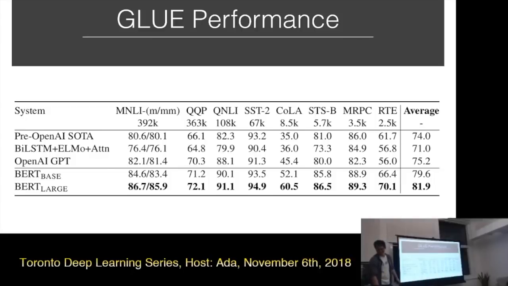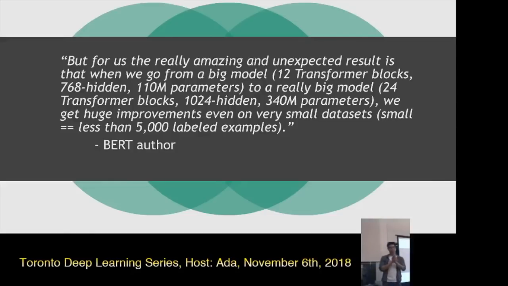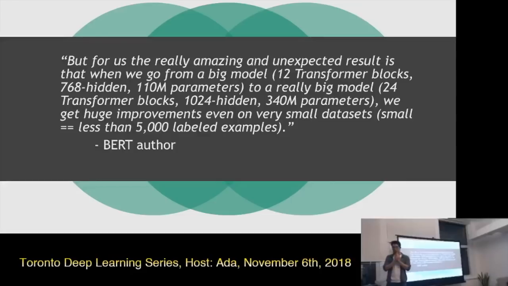Not nice. So I want to just conclude by saying a couple of final significant words. So this comes from the paper. The BERT authors say the really amazing, unexpected result is that when they go from a big model, BERT base, to a really big model, BERT large, you get incredible, huge improvements even on small data sets.